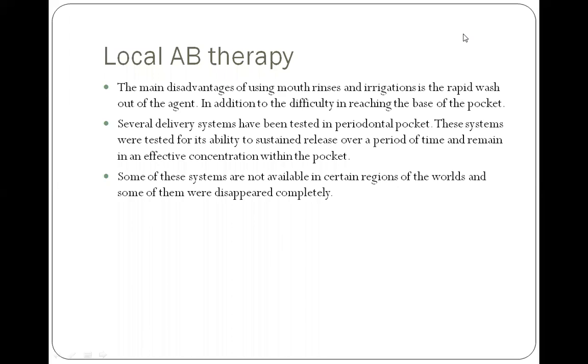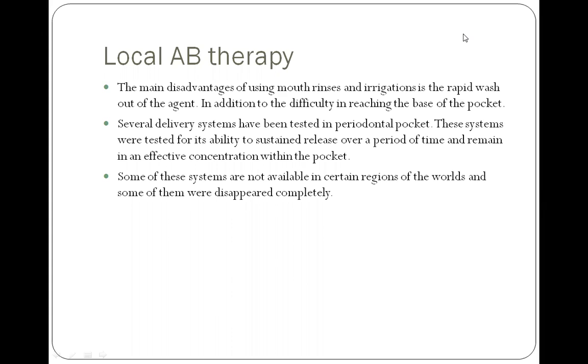Now we reach local antibiotic therapy. When we think about local antibiotic or antiseptic agents, we will think about mouth rinses. But mouth rinses have two main disadvantages in using them for periodontitis.